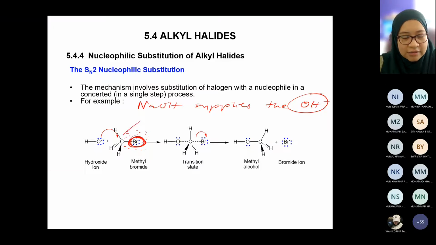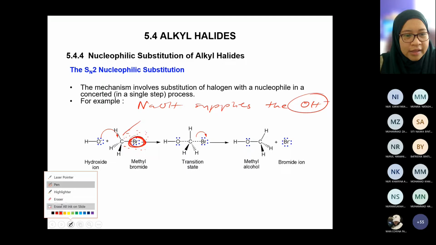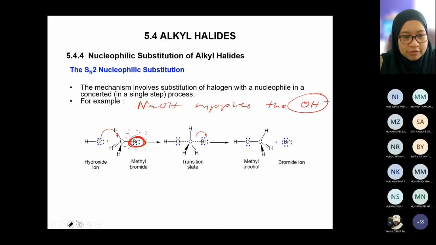Nak attack daripada, saya nak buat dia melengkung. Okay, nak attack here, nak attack the carbon here is very difficult. Okay, very difficult. It will be hindered by this bromine. Okay, all right. So it will be difficult.